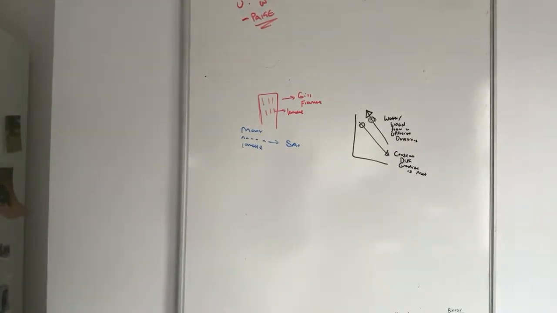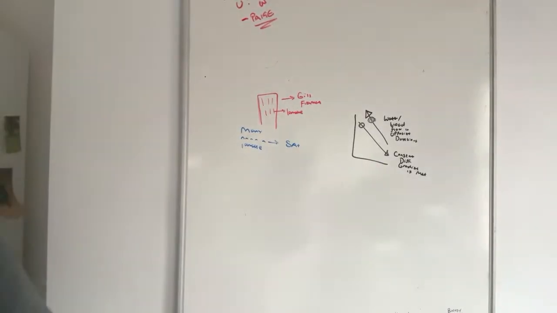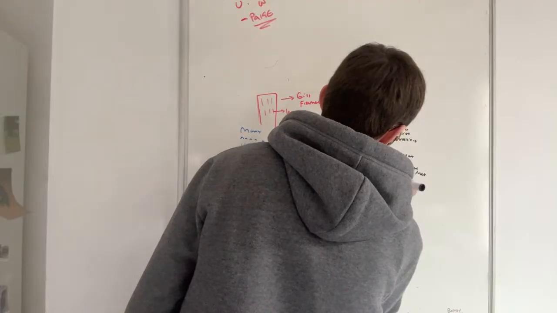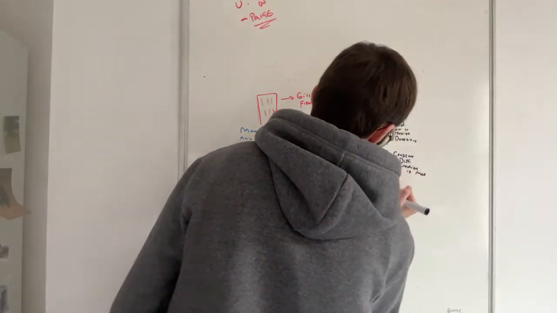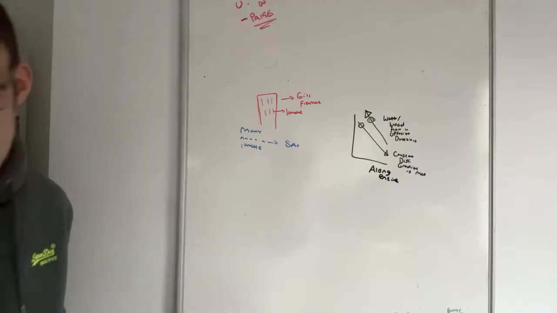Gill filaments and lamellae. Water and blood flow in opposite directions, which maintains a constant diffusion gradient along the entire length of the lamellae.